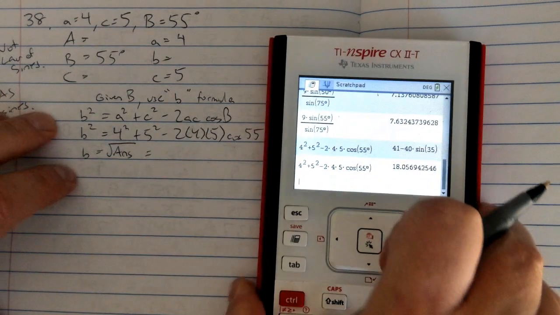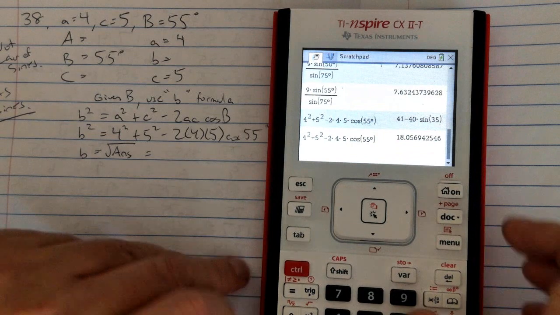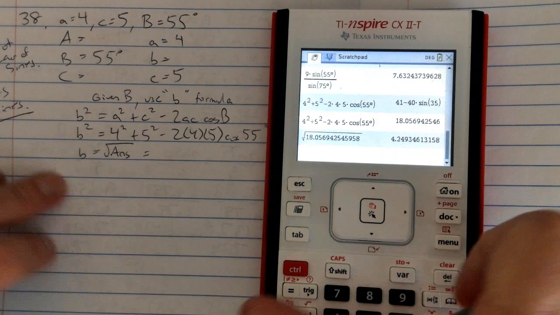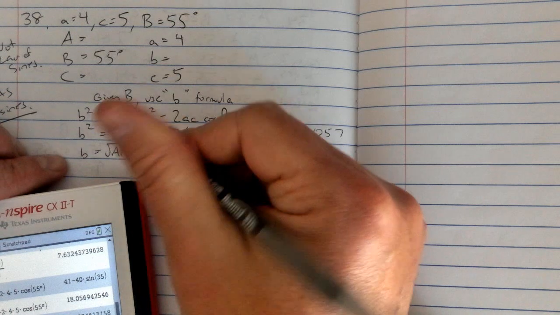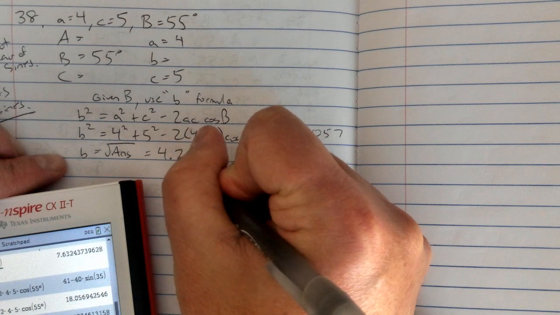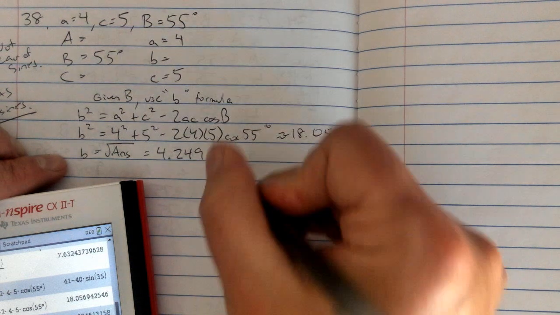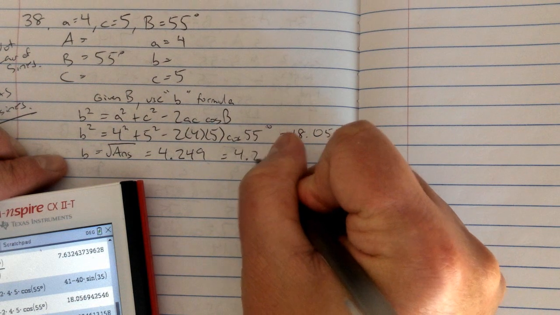Don't forget to do your square root of this, and you get 4.249, and so this is 4.25.